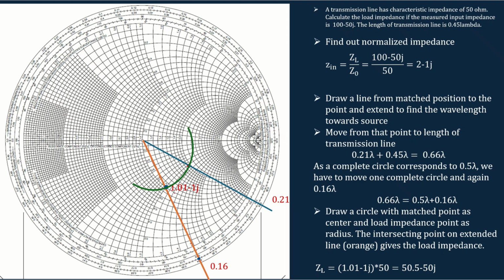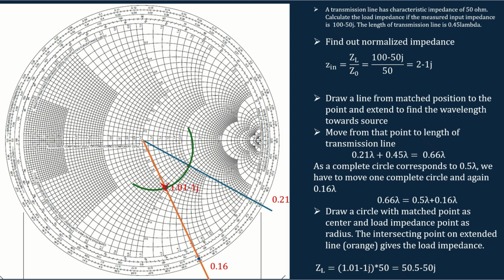If you can see, this circle and this line are intersecting at this point, which corresponds to the constant resistance circle of 1.01, and it corresponds to the capacitive reactance value of -1. So that is your value.